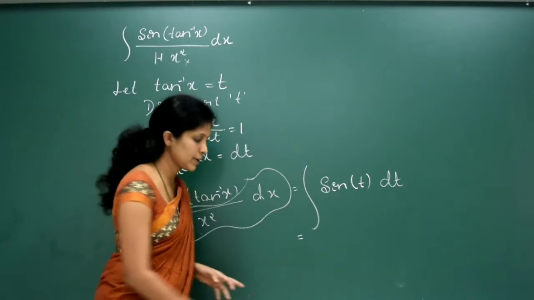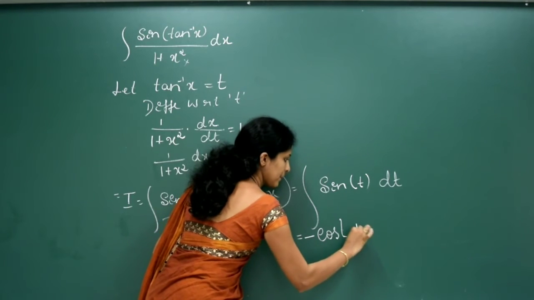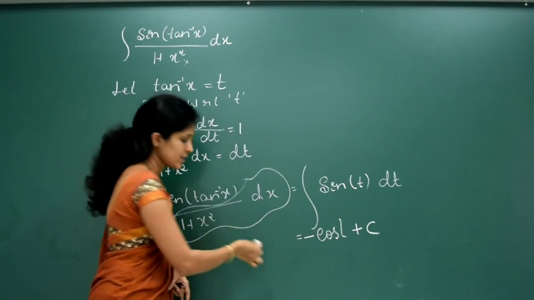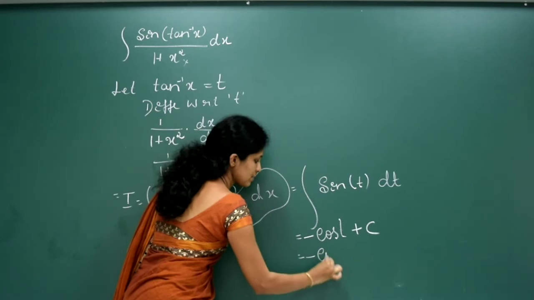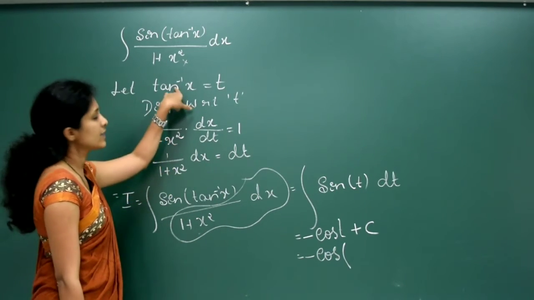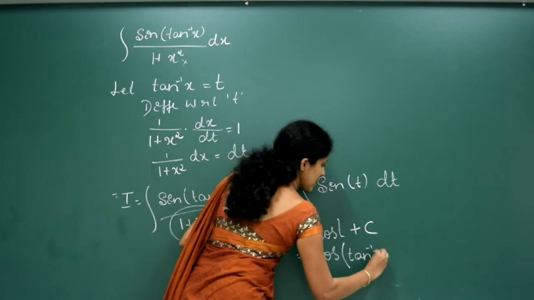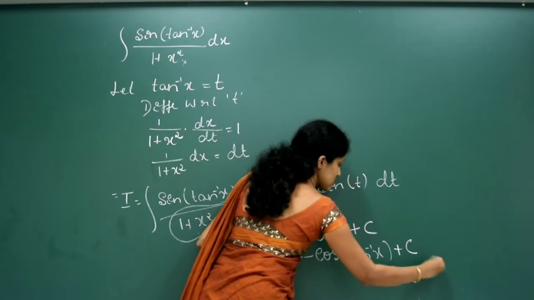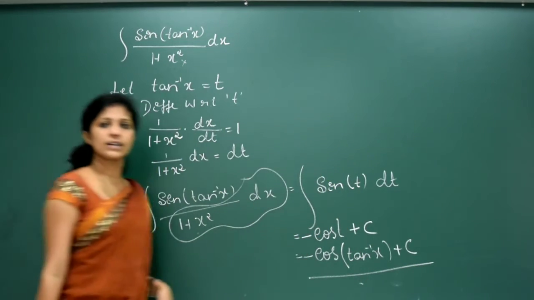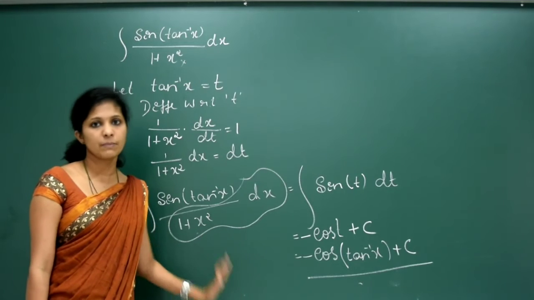Integration of sin t is minus cos t plus c. Finally substitute the value, this is important. Minus cos of the value of t, which is tan inverse x. Minus cos of tan inverse x plus c. So this is the integral of the given function. This is all about the integration by substitution method.